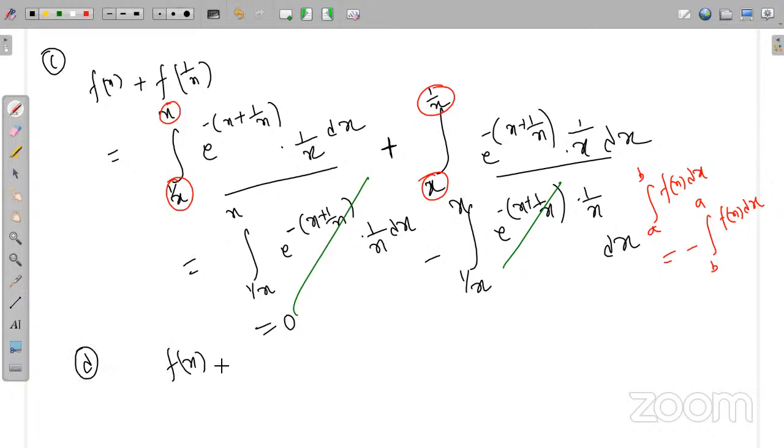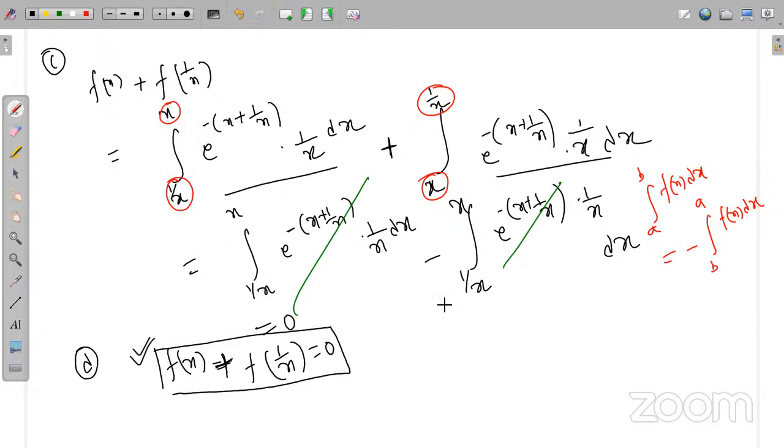So from option C, we know that f of x plus f of 1 by x is equal to 0. Okay, that we know because option C is true. Now, in place of x, if I substitute 2 to the power x, what will happen? You have to substitute this. Okay, if you substitute, what will you get?